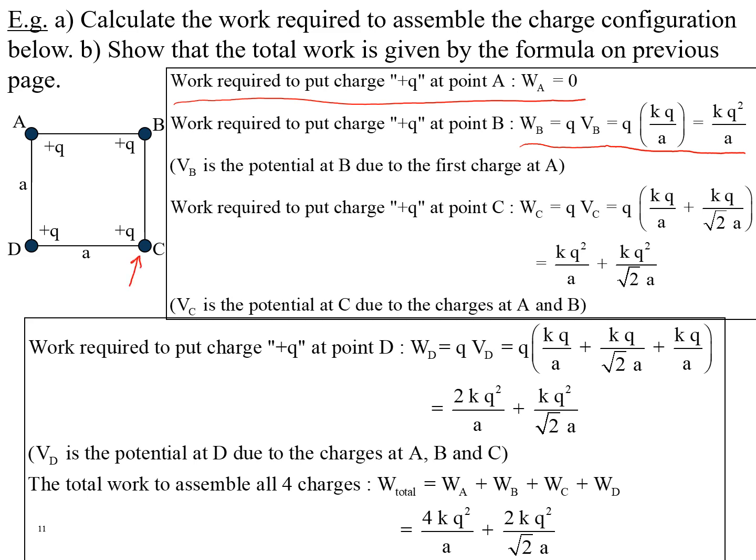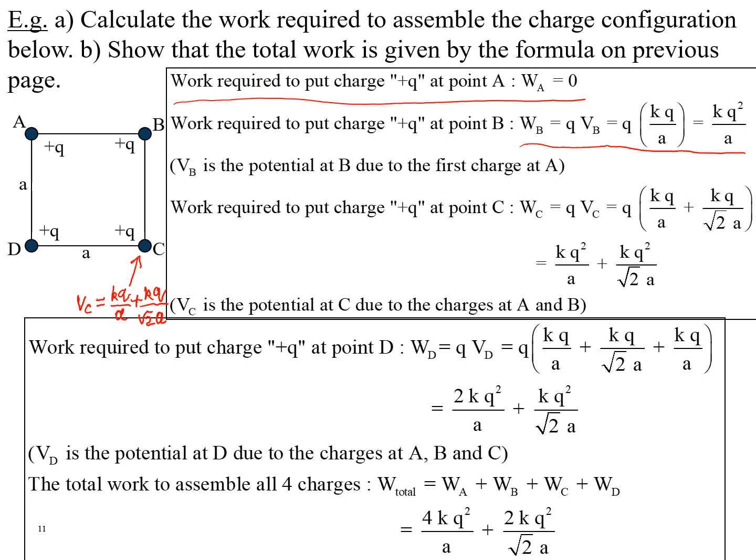We can find that potential by saying that V sub C is essentially equal to KQ divided by A, which is the potential at C due to the charge at B. But now notice that the charge at A is located along a diagonal, and so we have to include the length of the diagonal, which is just square root 2 times A. And so we have to add in KQ divided by square root 2 times A.